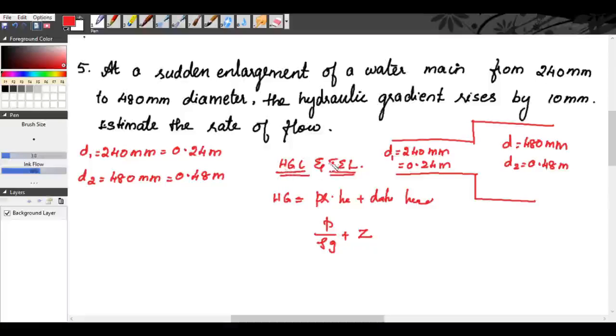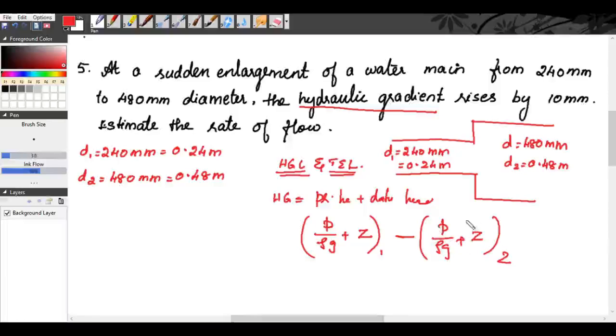Now, it is given as hydraulic gradient rises by 10 mm. So, hydraulic gradient is nothing but P by rho G plus Z. So, P by rho G plus Z of 1, the hydraulic gradient for section 1, minus P by rho G plus Z of 2, the hydraulic gradient for section 2, is equal to 10 mm, that is equal to 0.01 meter.